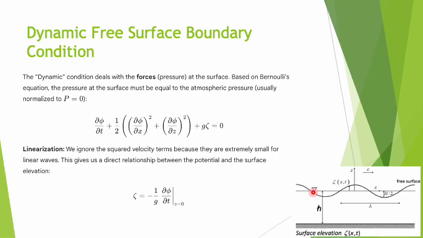At the free surface, the pressure is equal to the atmospheric pressure, and the Bernoulli principle can be expressed in terms of the velocity potential as shown in this relationship.